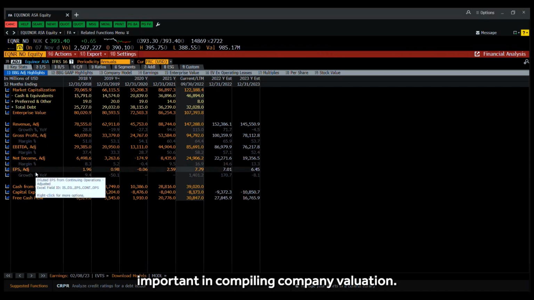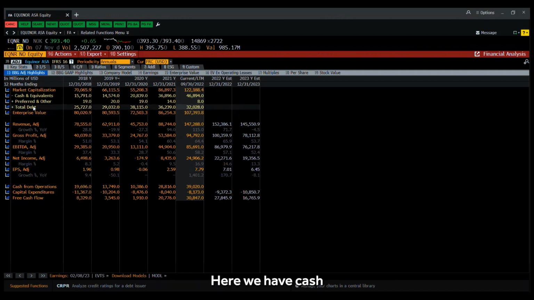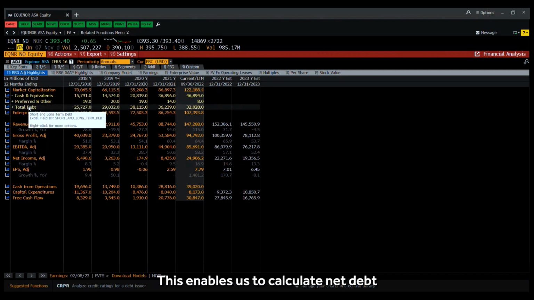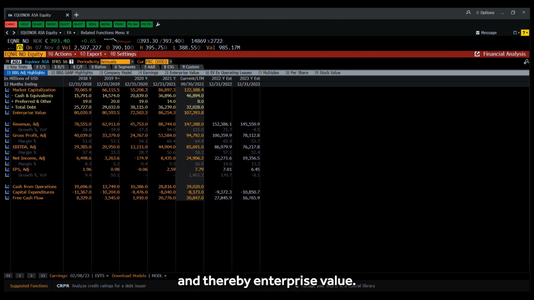Important in compiling company valuation, here we have cash, preferred securities, and total debt. This enables us to calculate net debt and thereby enterprise value. We can see also here Bloomberg's figures for revenue, gross profit, EBITDA, net income, and earnings per share.